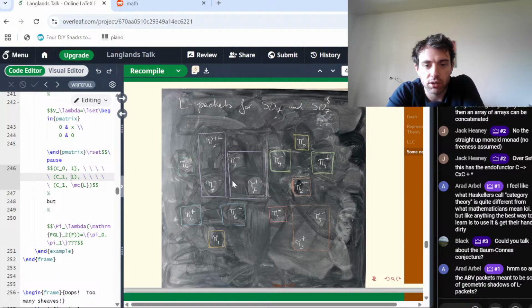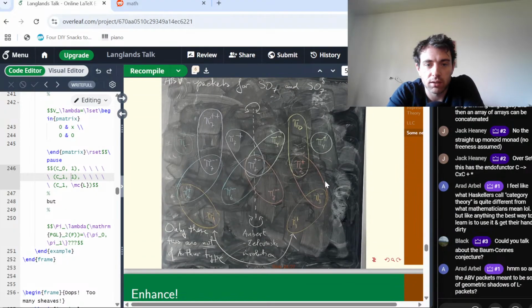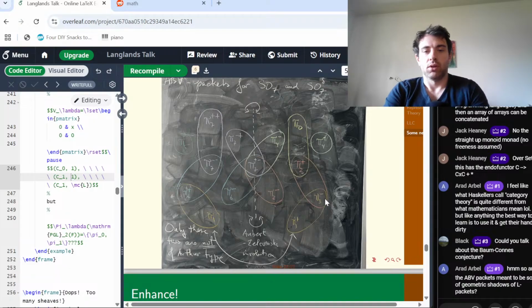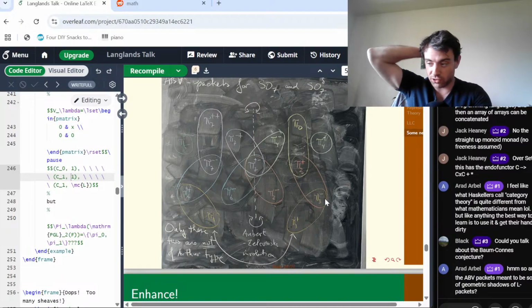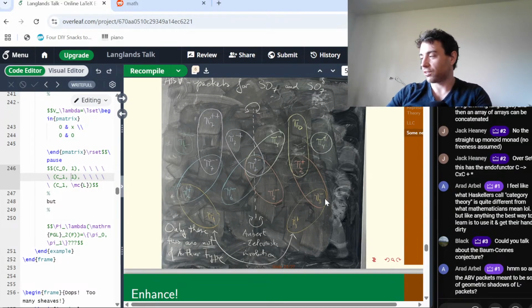These are the L packets for SO7, and then here are the Arthur packets. Again, they're weird combinations of these things. So the takeaway is that automorphic forms is a reason for us to care about computing the characteristic varieties of D modules.